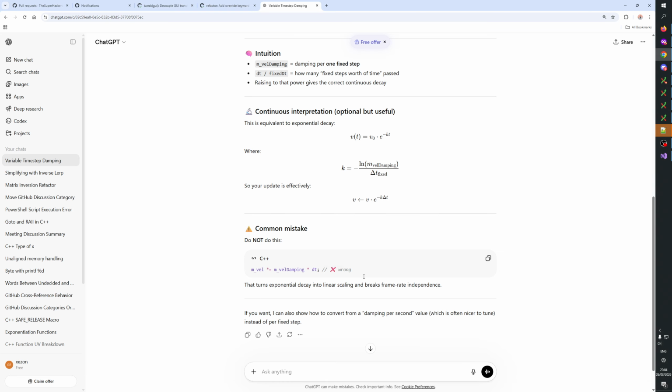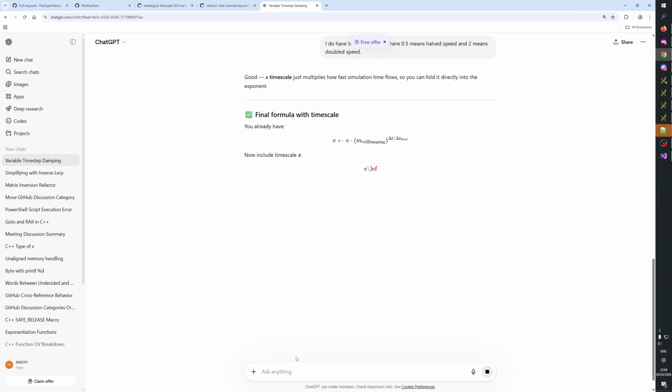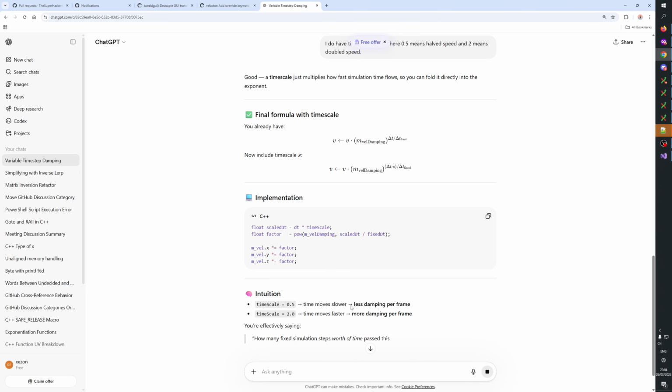Yeah, that's what I do. I do have a time scale value where 0.5 means halved speed and 2 means doubled speed. Time scale dt: delta time times time scale factor.